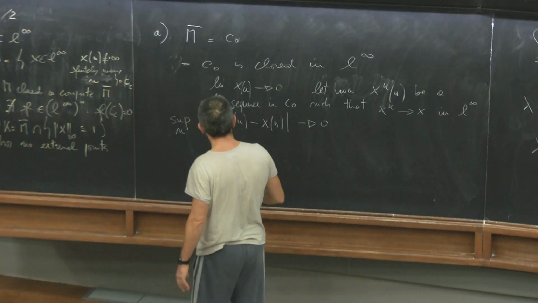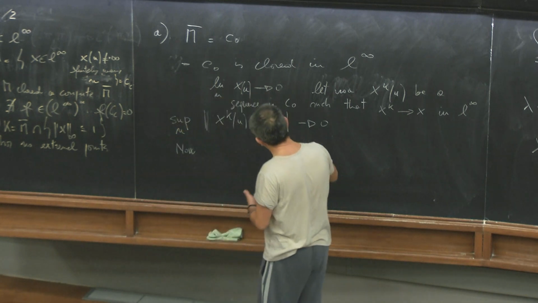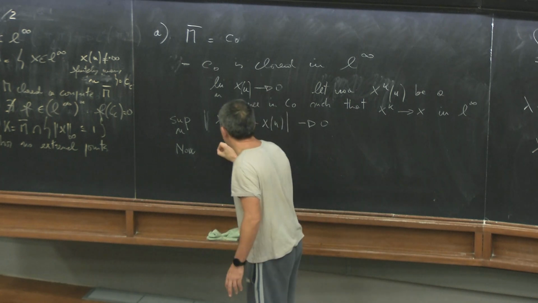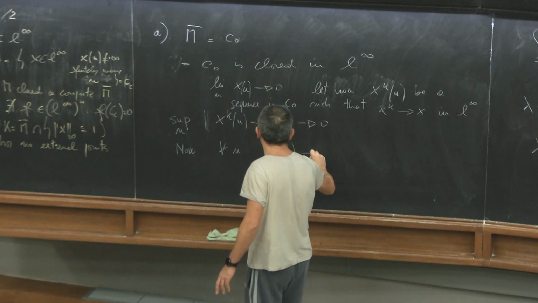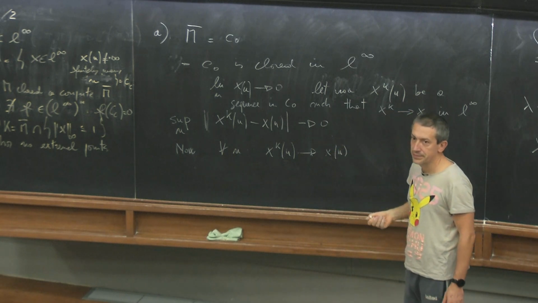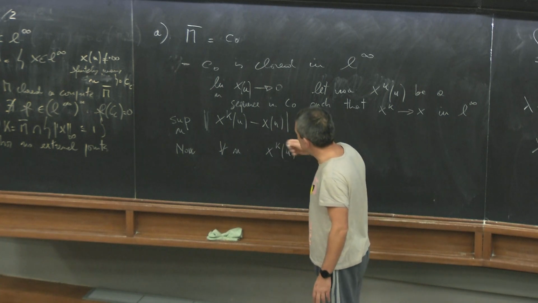So now what can we say? We have to prove that the limit of this is in C0. This means in particular that for all n, xk^n converges to xn pointwise. And then we have to show that this is small.